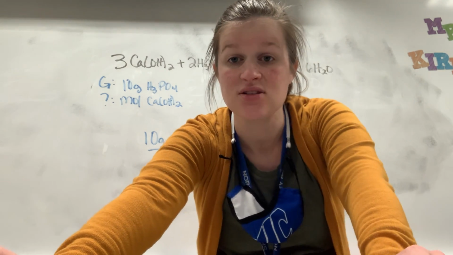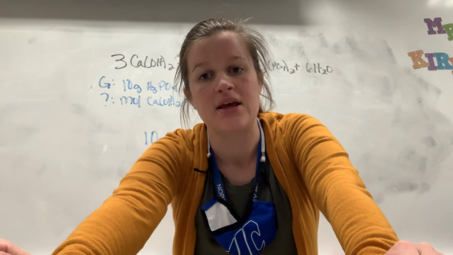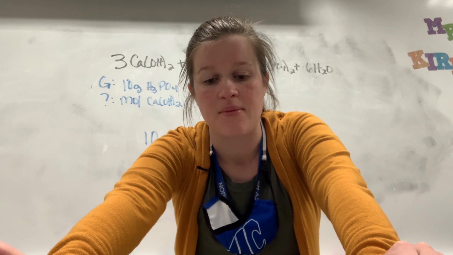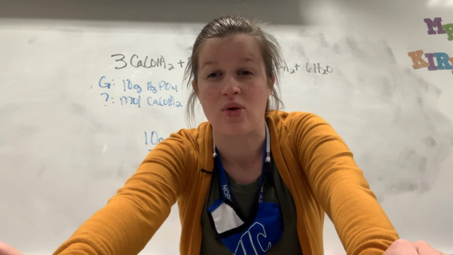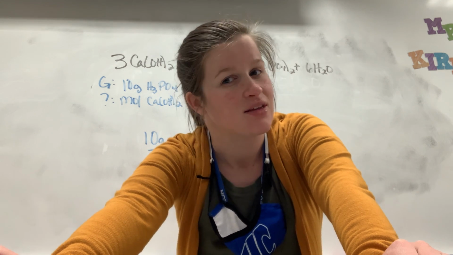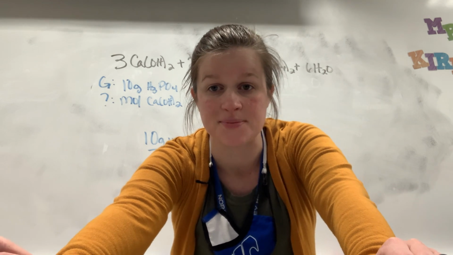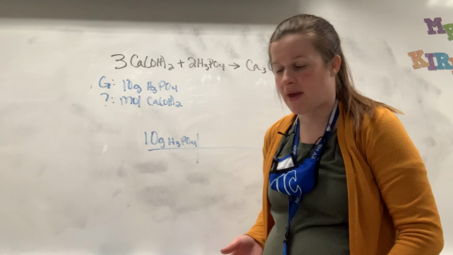Is it liters of a gas or liters of a liquid? If it's liters of a gas and you're at STP, you will need 22.4 liters equals 1 mole. That's your molar volume. And then if you're with a liquid, then you need the molarity. And either you'll calculate the molarity or it might already be given to you, but you need molarity, which is moles per liter. In this case, we have grams, and so we need the molar mass.